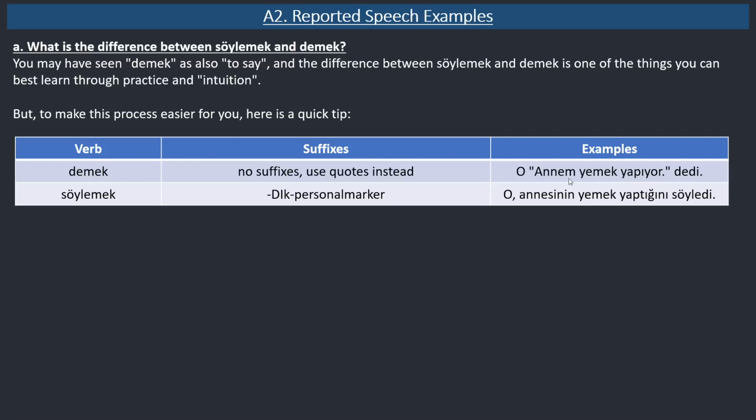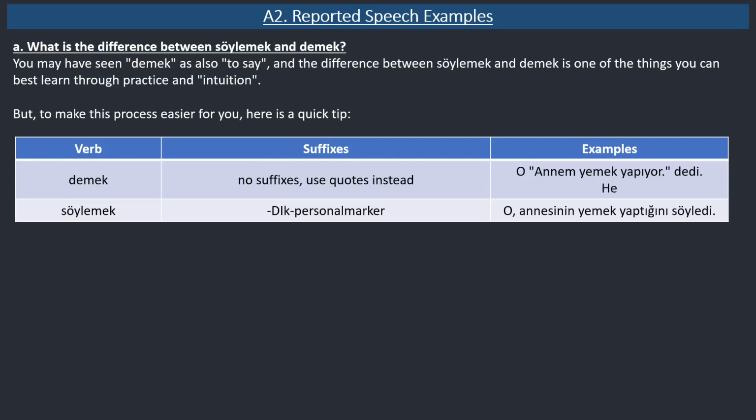Like my mom, maybe I can type this so you can see it clearly. Like he said, "my mom is cooking food." It uses a quote, like quoting marks here. When you put it this way, you can use demek.